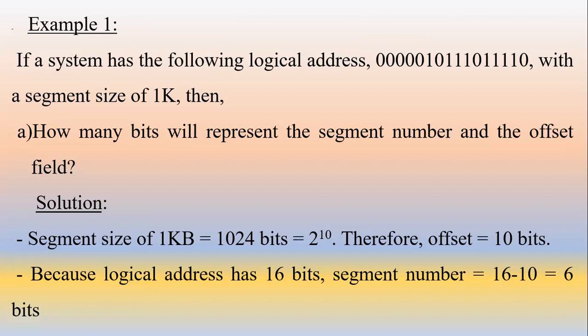So what we do is we get the segment size, which is 1 KB. We convert it into its equivalent bits, which gives us 1024, which is equal to 2 to the power 10. And therefore, our offset will be 10 bits.